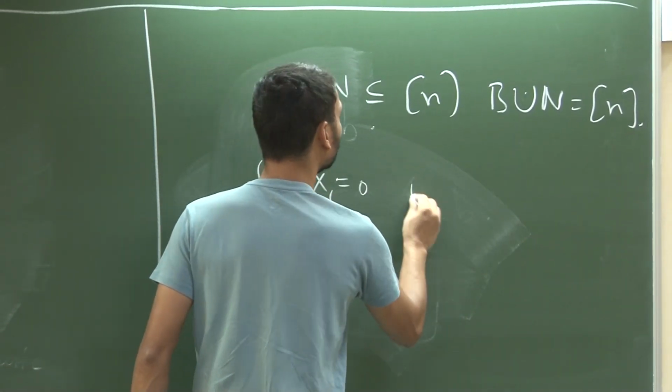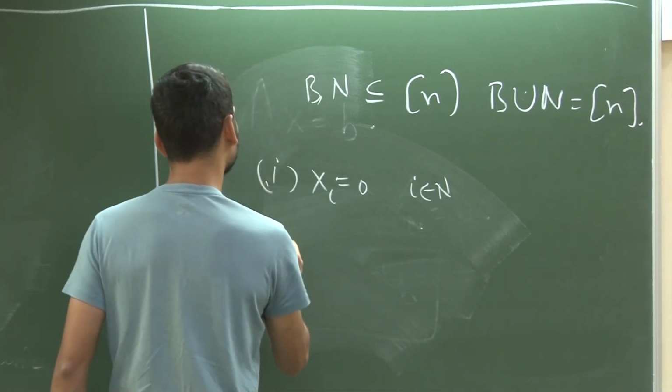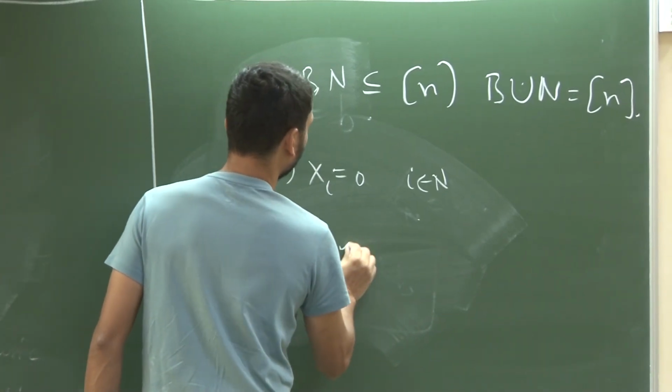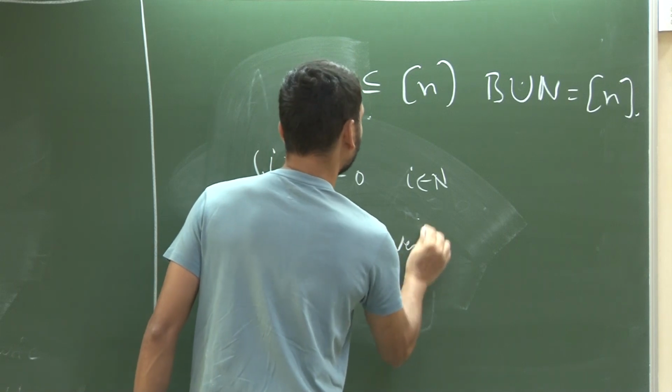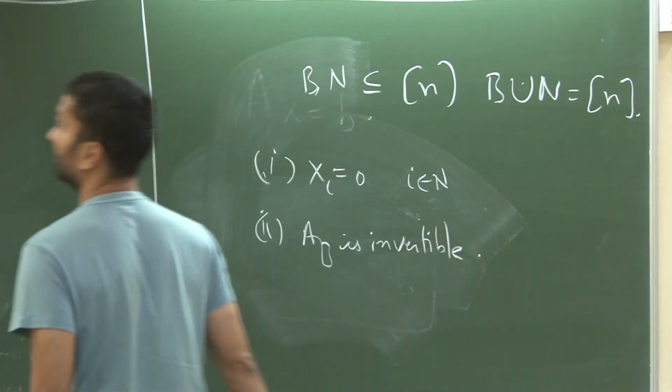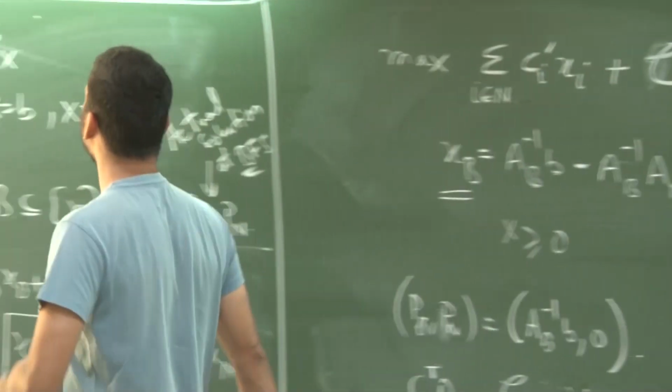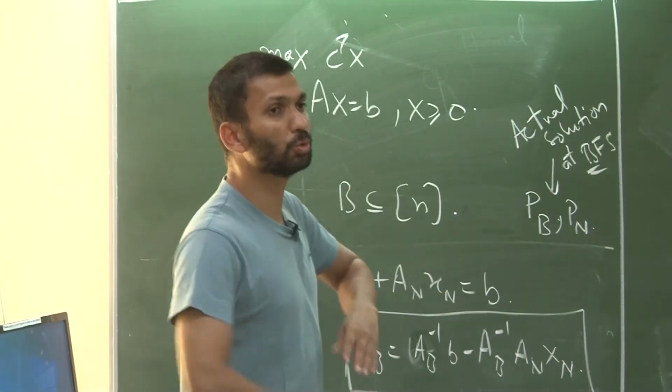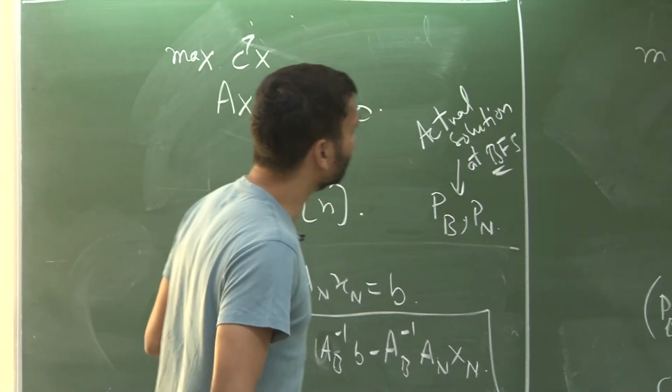The value of non-basic variables is 0 and AB. Very good. Right? And what we did by example, now we can see that it almost works in every case.